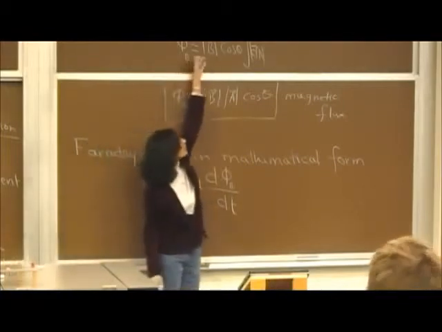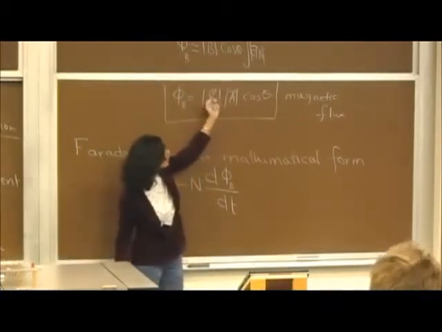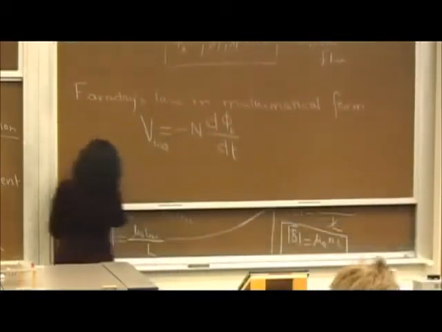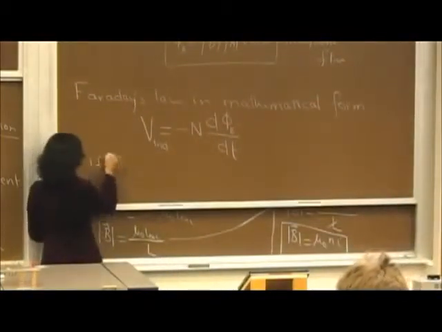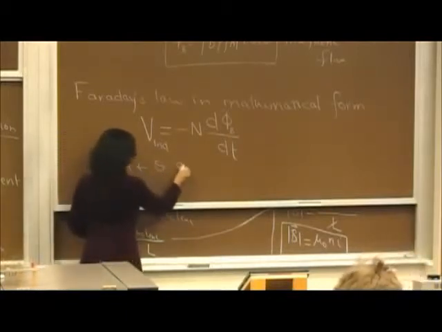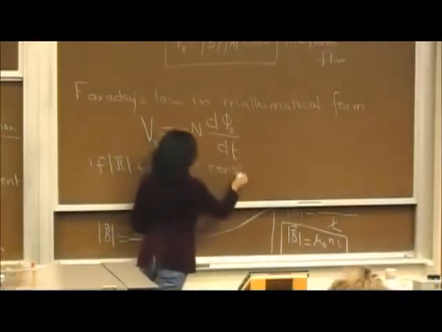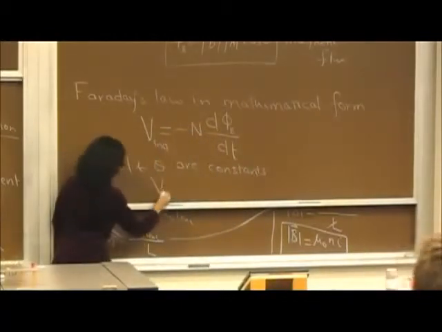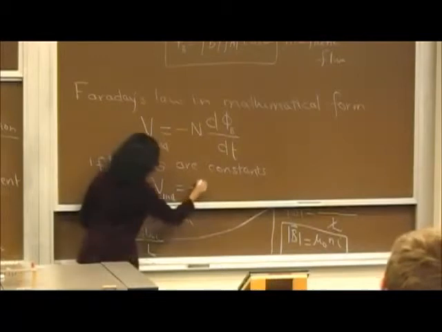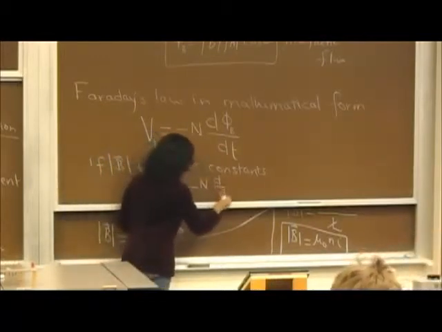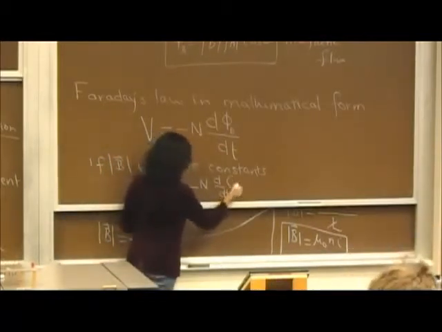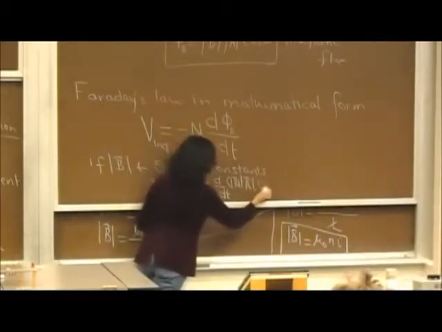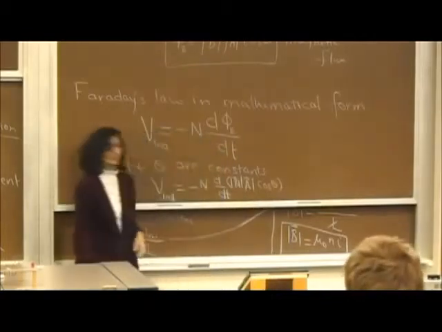That's the magnetic flux. So if the magnitude of magnetic field B and the angle theta are constants, then V induced is equal to minus n d over dt of magnitude of B times magnitude of A times cosine theta.